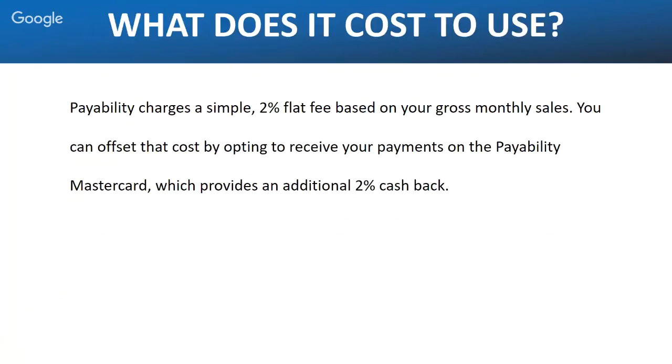If you opt into their MasterCard, then anything you spend, you get 2% cash back. So what you could do is get the cash from Amazon through Payability, and get that paid onto your MasterCard. You can then pay for your inventory using that MasterCard and get 2% cash back. Think about that.